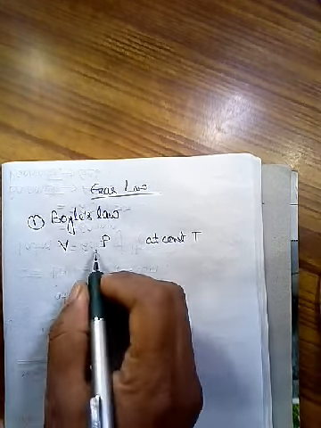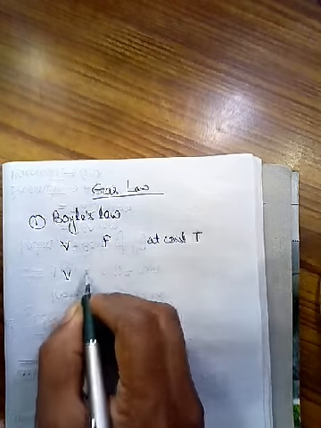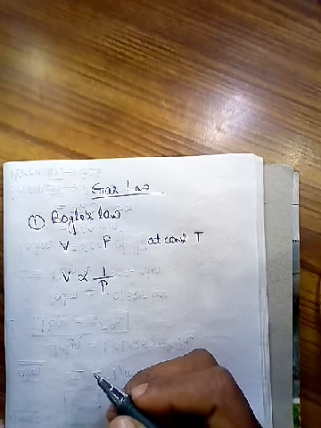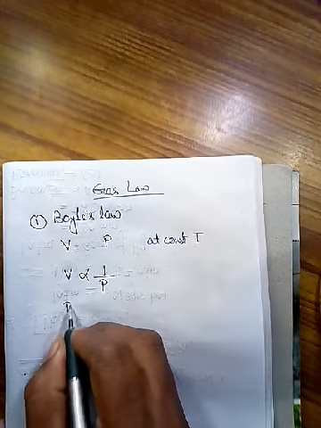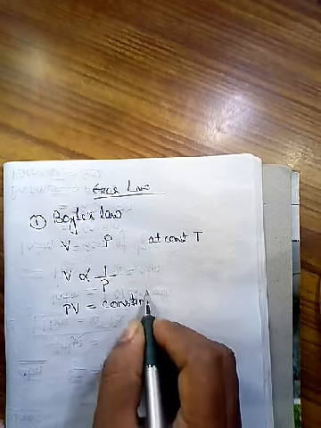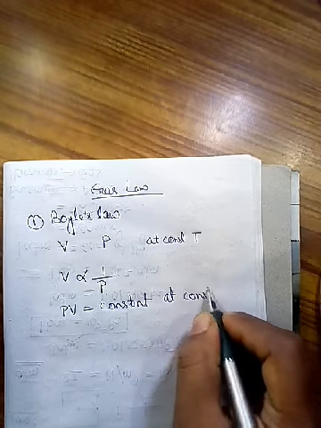So according to Boyle's law, V is inversely proportional to pressure, or we can write PV is equal to constant at constant temperature.